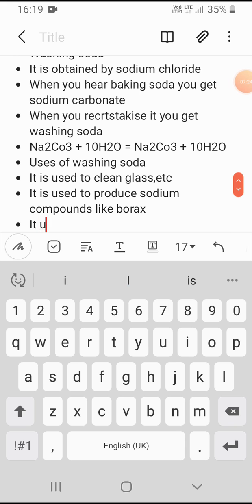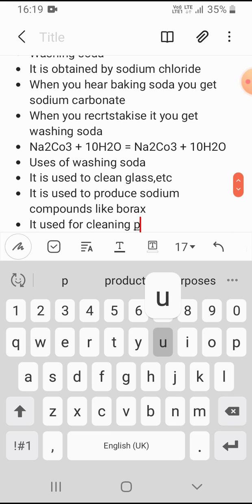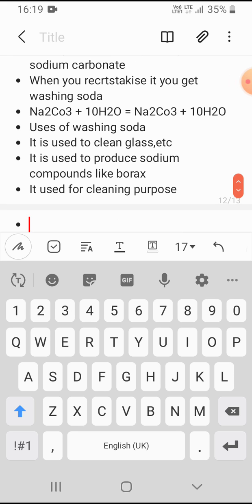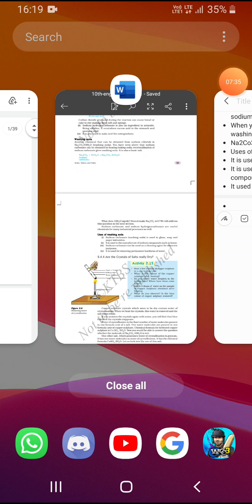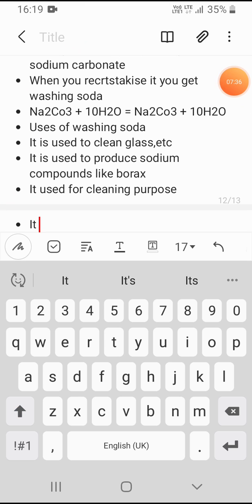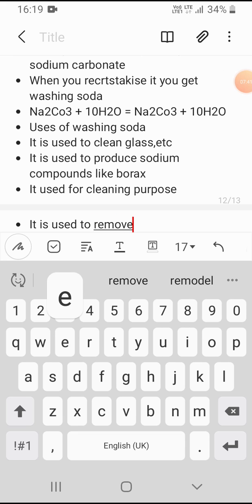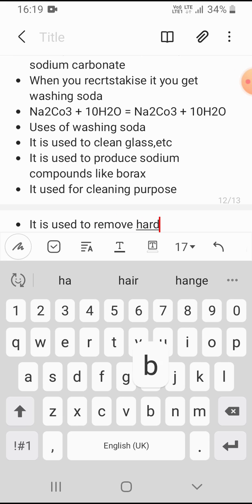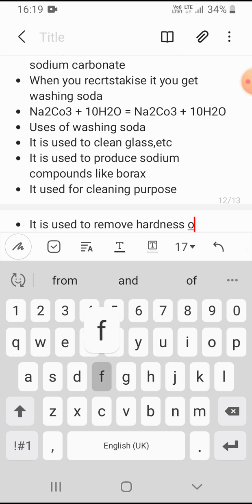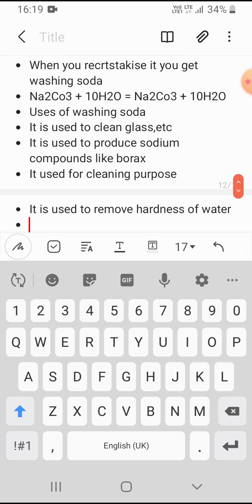It is used for cleaning purposes, and also to remove the hardness of water. You will learn about hard water and soft water later, and then you will understand.